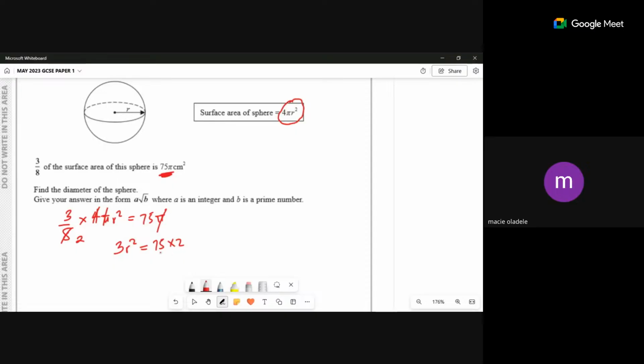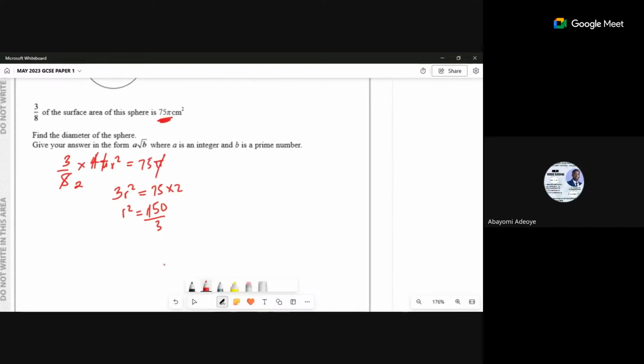So what's 75 times 2? 150. So 150 over 3 is 50. So r squared is 50.